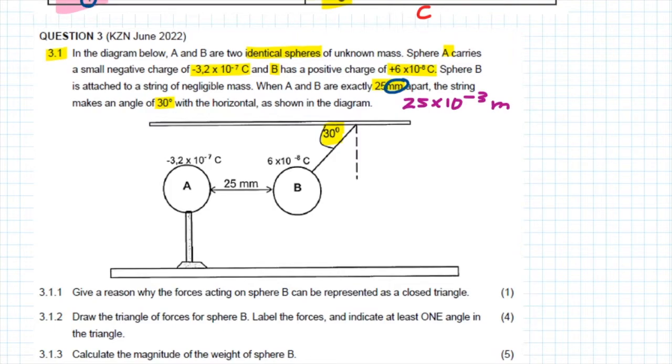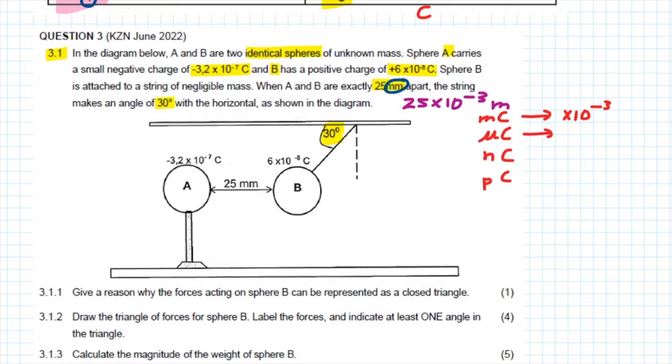Very often in these questions, instead of giving you the charge in coulombs, they may give it to you in microcoulombs, millicoulombs, nanocoulombs, or picocoulombs. To go from millicoulombs to coulomb, we're going to times by 10 to the negative 3.